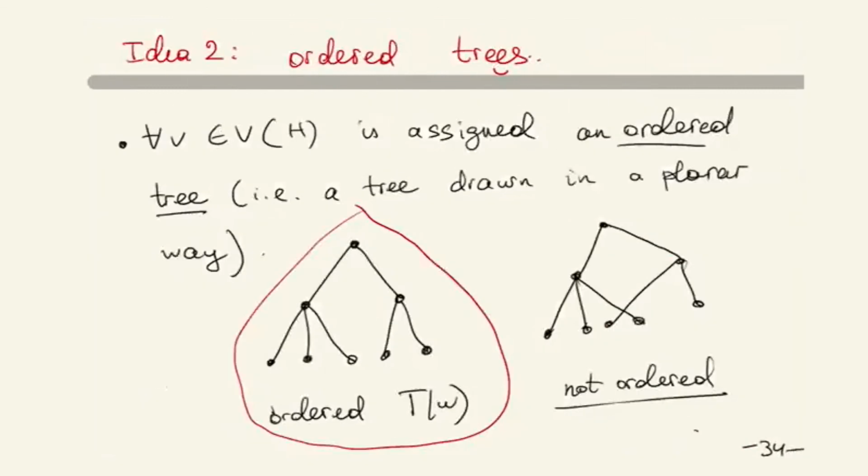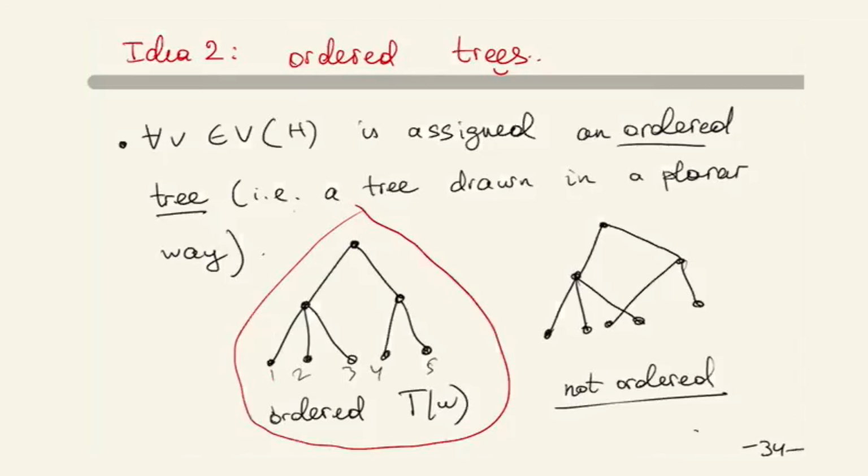So for every vertex in this graph H, I'm going to assign an ordered tree. What is an ordered tree? It's a tree that's drawn in a planar way, meaning that there's an ordering on the leaves. It looks like a planar drawing of a tree.